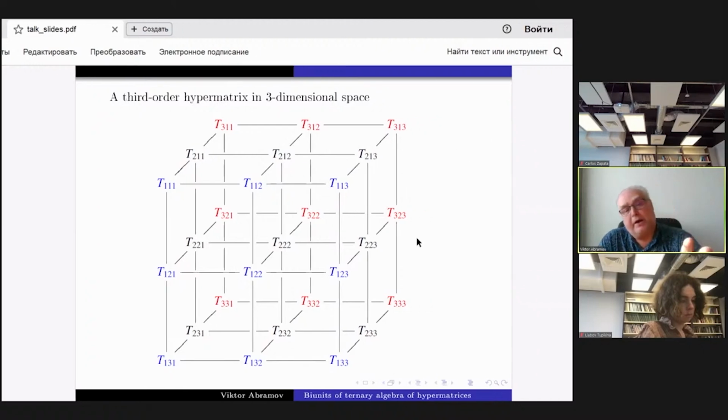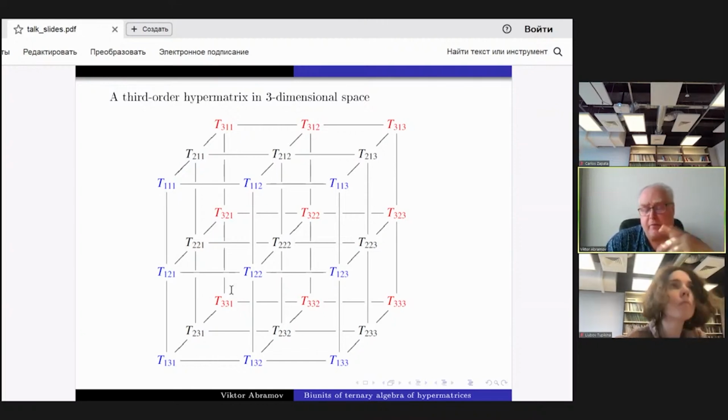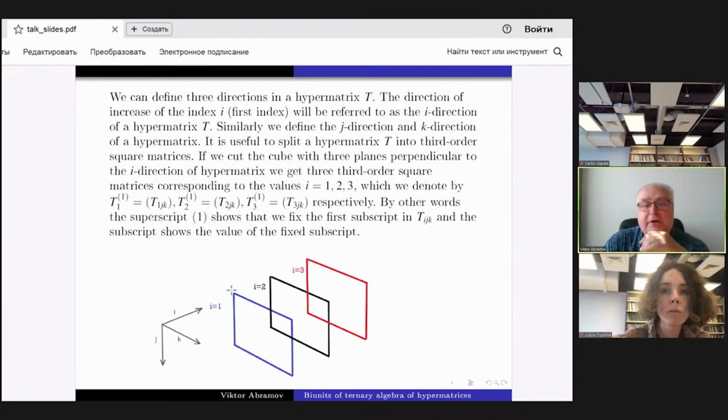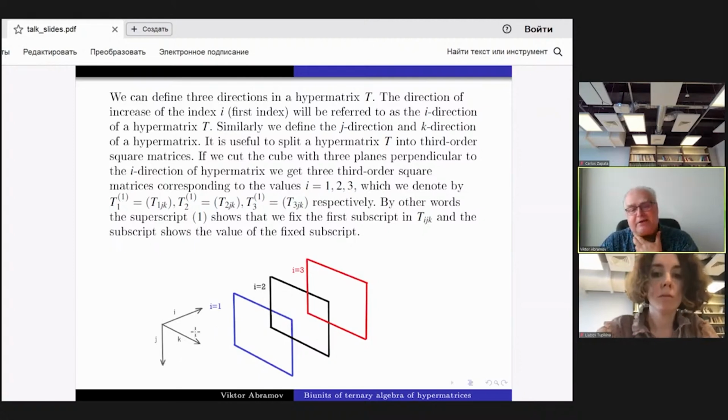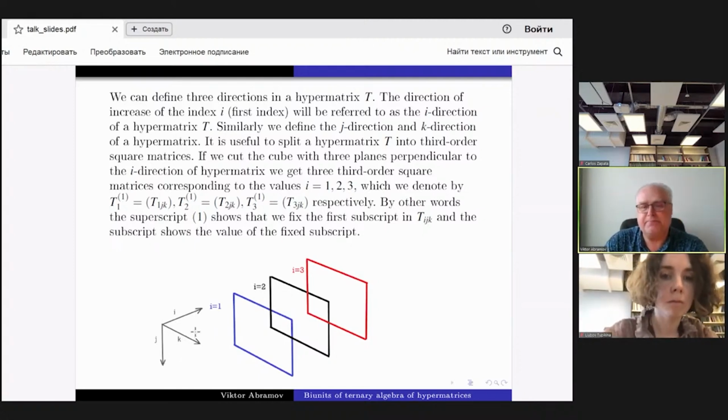When I cut by planes perpendicular to the J direction, then I have these matrices, and so on. These matrices are square matrices 3 by 3, and they are very useful in what follows. So here I show these directions, how I split this cubic matrix into square matrices.